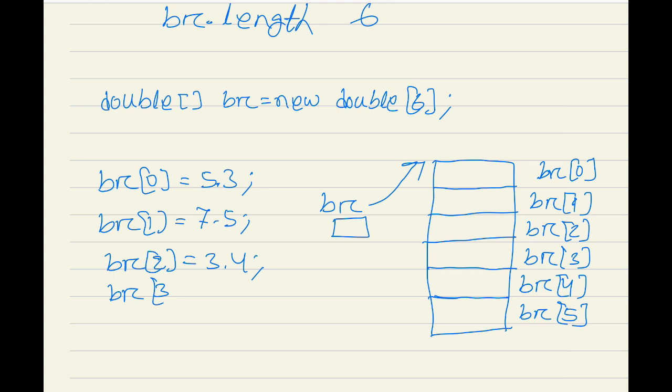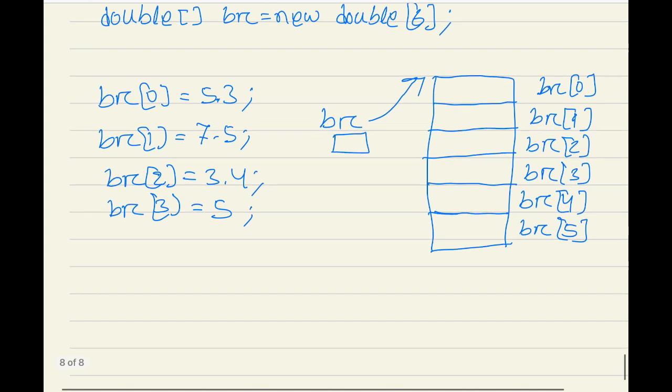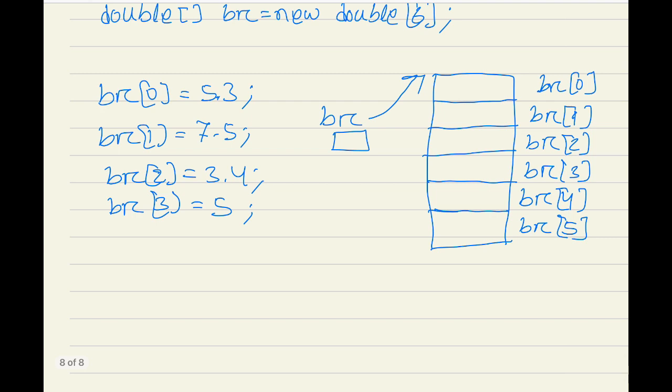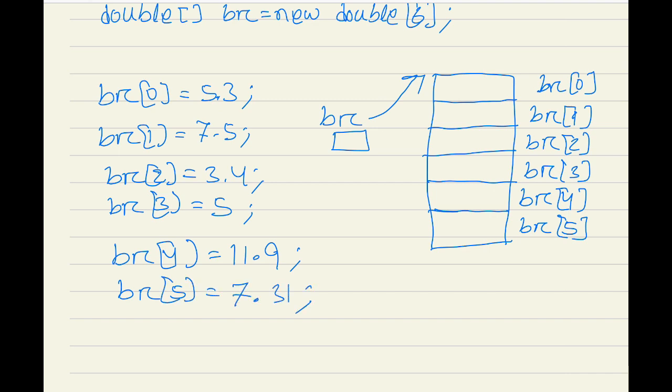Then br of 3 we can write 5, because if we write 5 then it is stored as 5.0. Similarly br of 4 we can write 11.9, then br of 5 we can write suppose 7.31, like this.